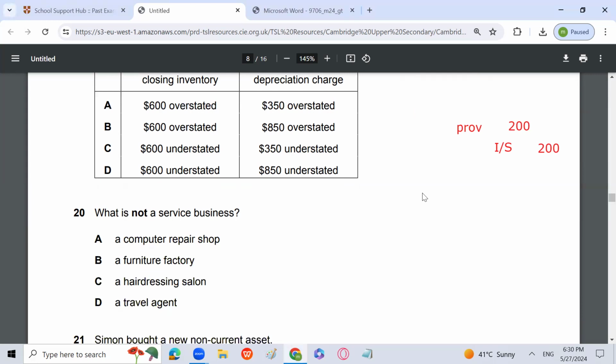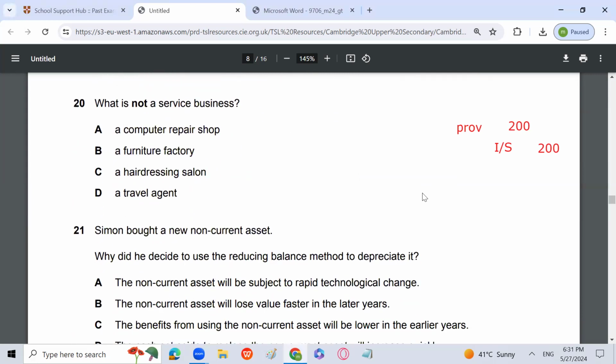What is not a service business? A computer repair shop, a furniture factory, a hairdressing salon, a travel agent. C is the answer.